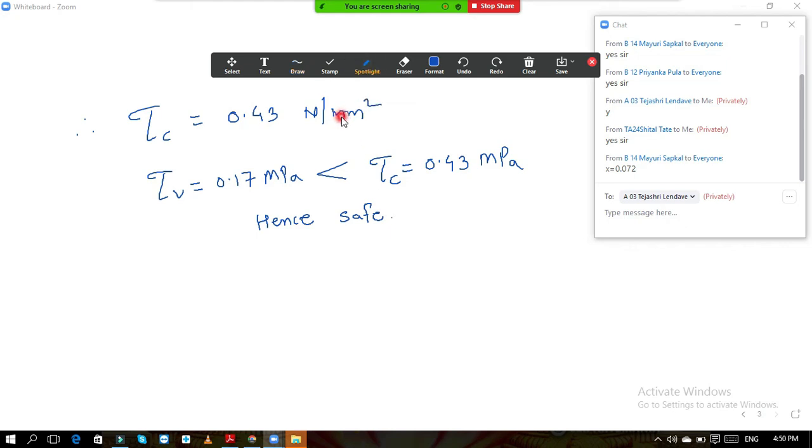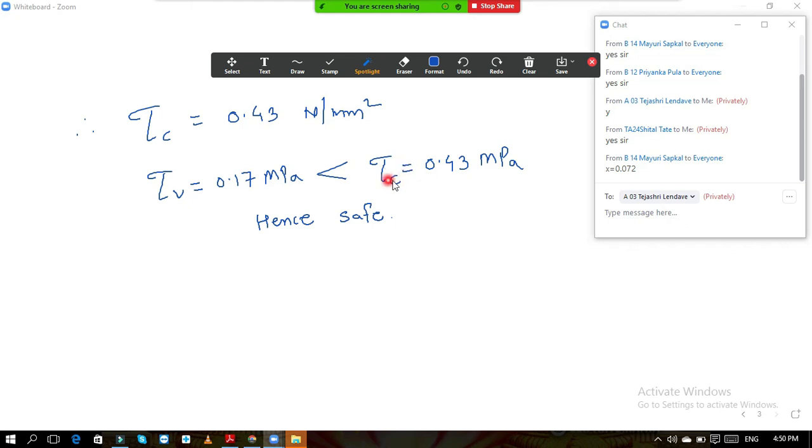Do you understand what I am saying? It will not fail in shear. So if this value tau v is less than your tau c, then it will not fail in shear. And if the opposite is the case, your nominal shear stress has increased beyond the permissible shear stress. The name itself suggests permissible. What is permissible? Only as much as is permitted is permissible.